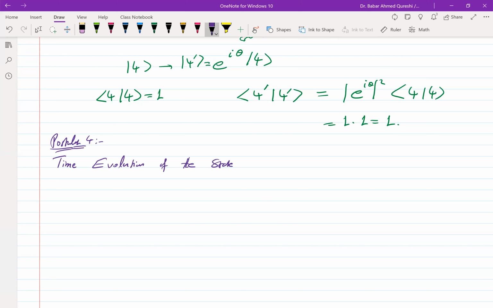I'm not really sure, should we even call it a postulate? It is almost a necessity, if you want to make the theory sensible.